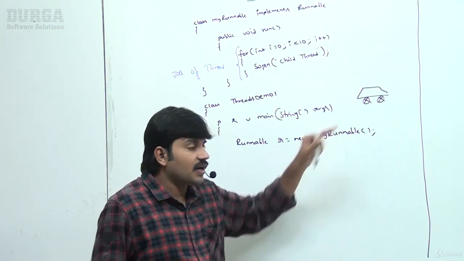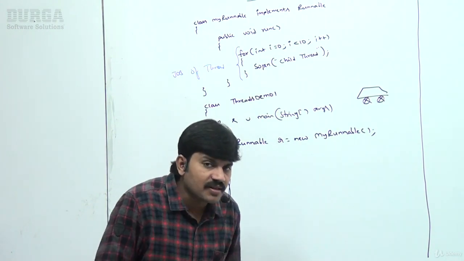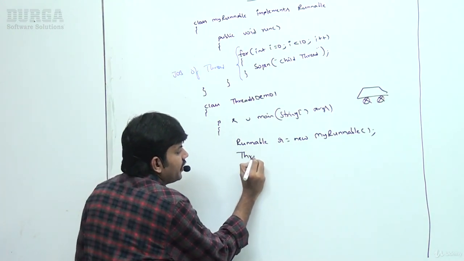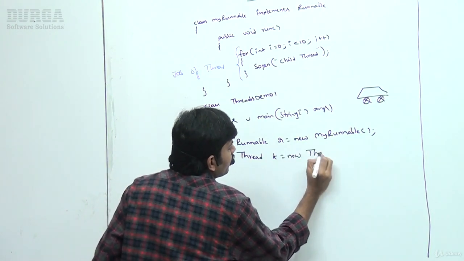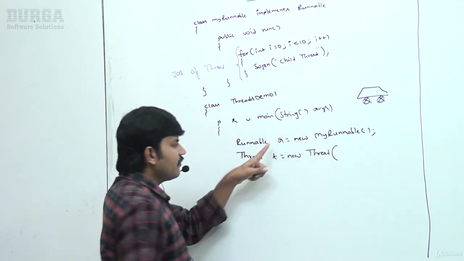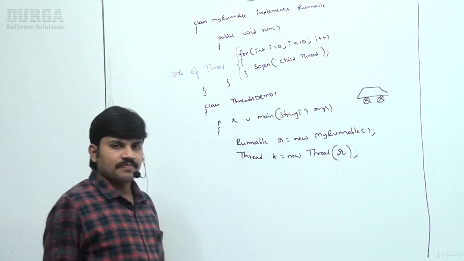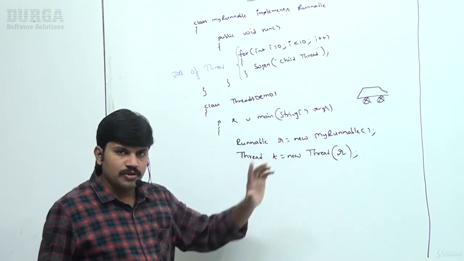To run this Runnable job, some driver must be required. That driver is nothing but the Thread object, right? Sir, create a thread object. Thread t = new Thread(r), with this Runnable job. I am passing the Runnable object. Now I created a thread for this Runnable job.